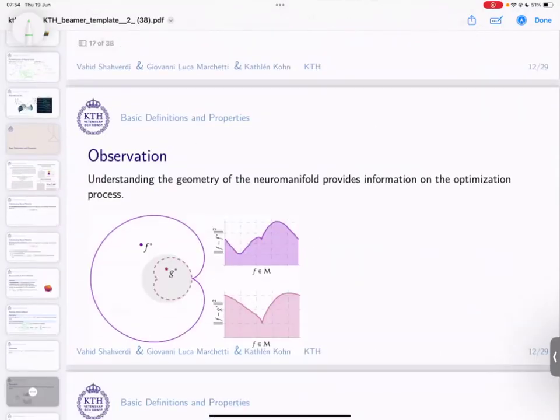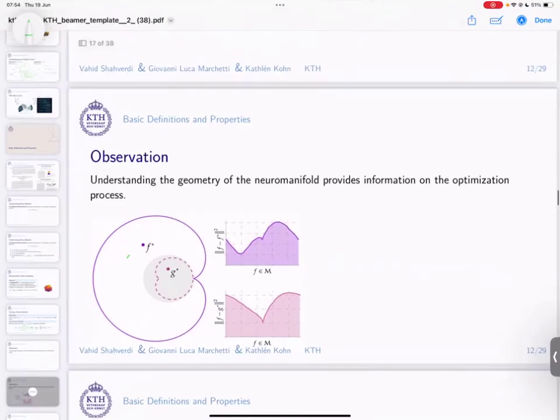So at the end of the day, it's going to look something like this. We have this true function, the ground truth function, f star. And this big purple curve is our neuromanifold. Imagine that this optimization task is just finding the closest point on the neuromanifold, basically. On the right, you see this graph, for instance.